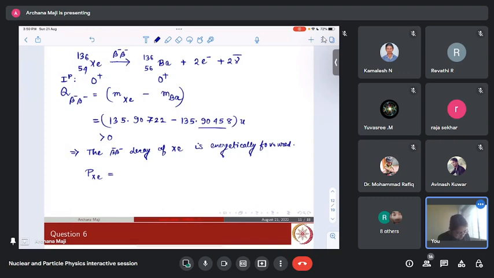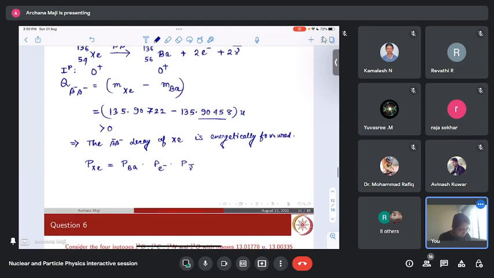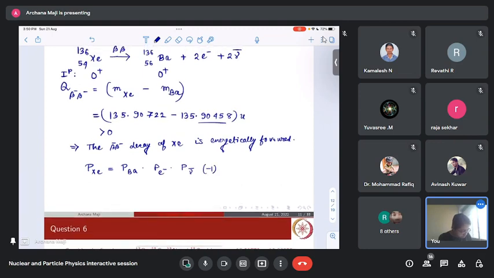Parity of xenon is plus 1, barium is also plus 1, and these are also plus 1 as we said in the earlier problem. So that means minus 1 to the power L equals 1. That means L is even. So therefore L equal to 0 is possible.